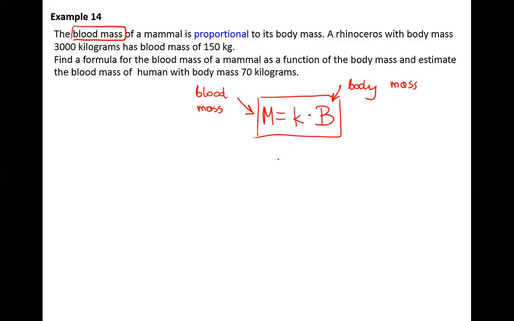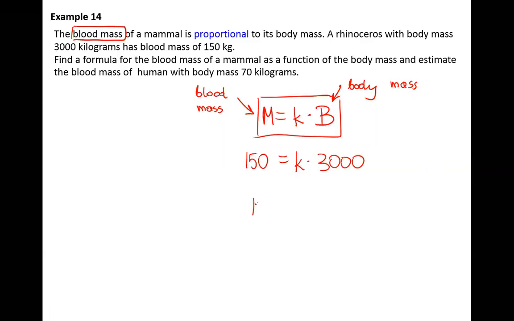Okay, that means if the 150 kilograms is the blood mass, the blood amount, we will get it if we multiply, I don't know the coefficient, but out of 3,000 kilograms of the body mass. That makes sense, because this will be a fraction. Because they are directly proportional, I have to multiply the body mass by my coefficient and I will get the amount of the blood.